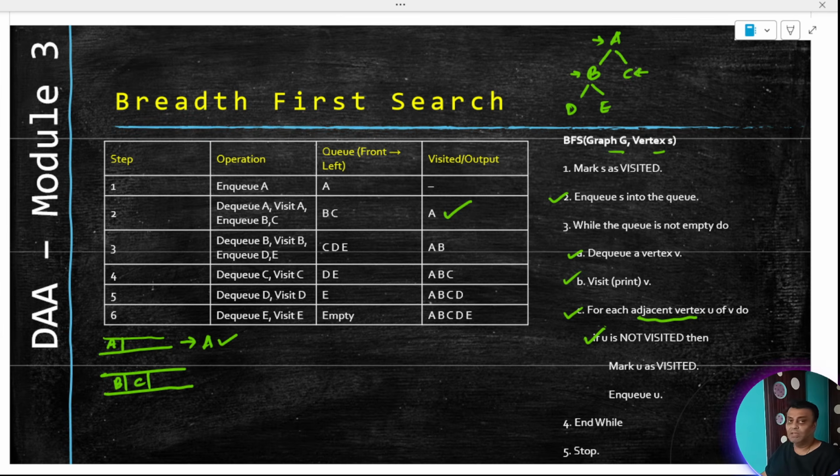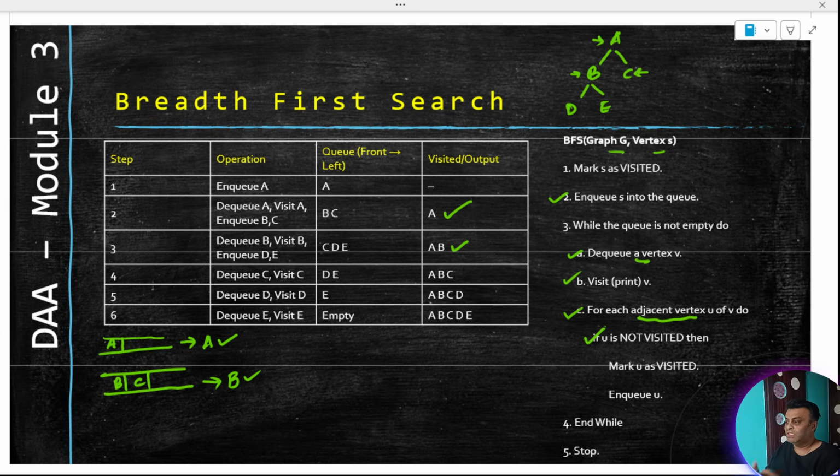So now the step is to go back and do what? To go back and do that same process of dequeue, right? You remember we dequeued A, after we put it, we dequeued. Now we have put B and C, we will dequeue. So we will dequeue what? B, right? So my visited node output will look like AB, right?